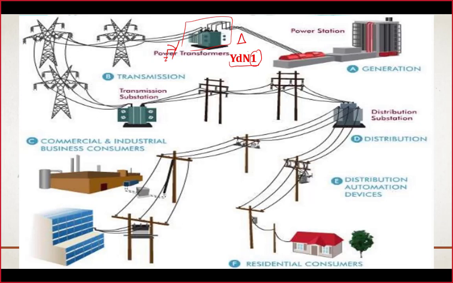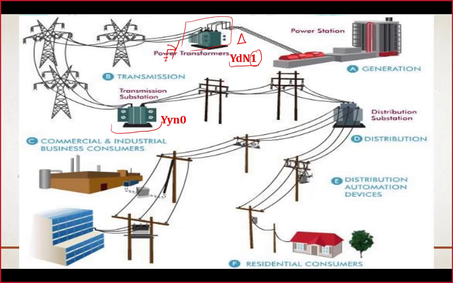Next, once voltage has been stepped up to the transmission level, the next transformer is the transmission substation, which steps down the voltage from the transmission level to another transmission level or to the secondary transmission level, meaning 500 to 220 or 220 to 132. So these transformers have the vector group Y, Y and 0.